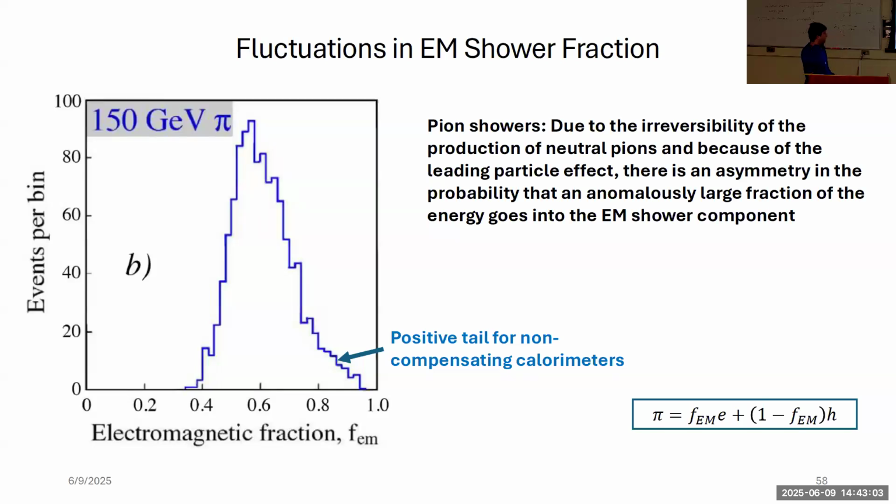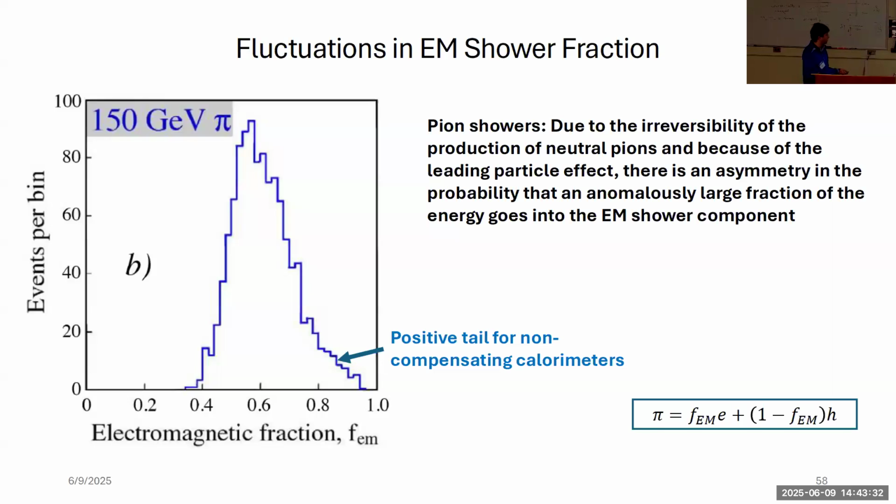And what you can see is, first off, there's a large fluctuation. So event by event, you get a large change in the electromagnetic fraction. And you get a positive tail towards here, so there's an asymmetry in the distribution. This asymmetry is basically caused by the leading particle effect: if your first interaction creates a pi zero, you get a large tail towards high electromagnetic fraction.